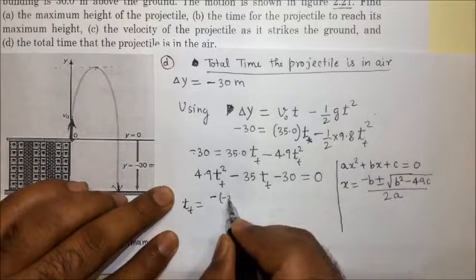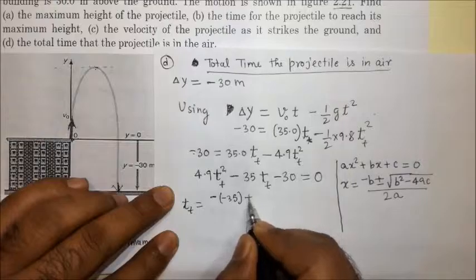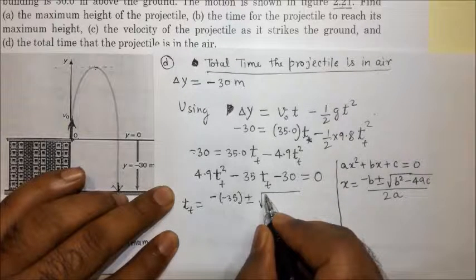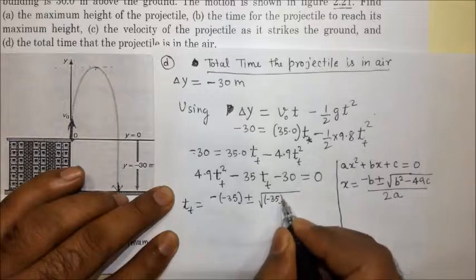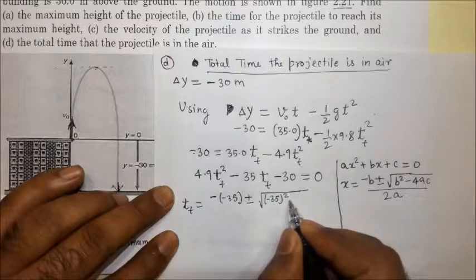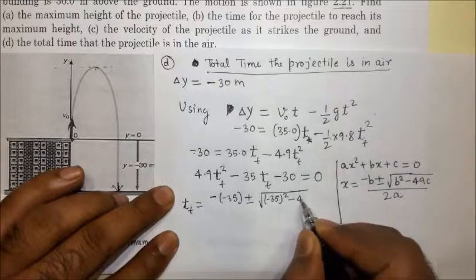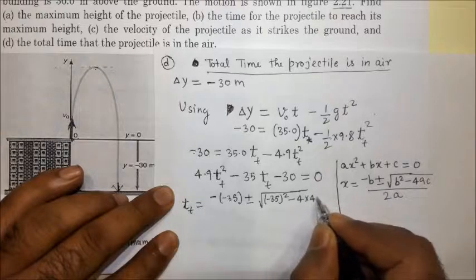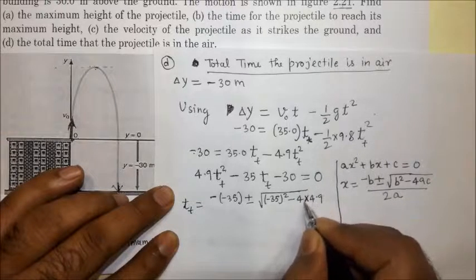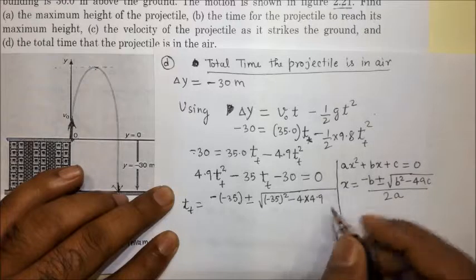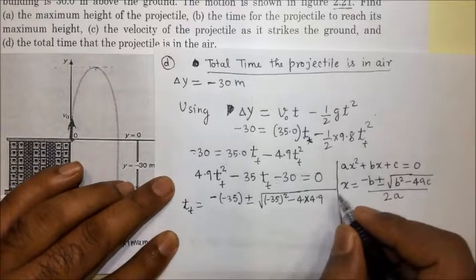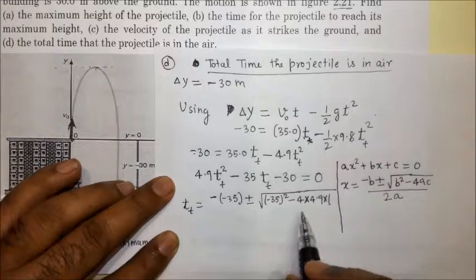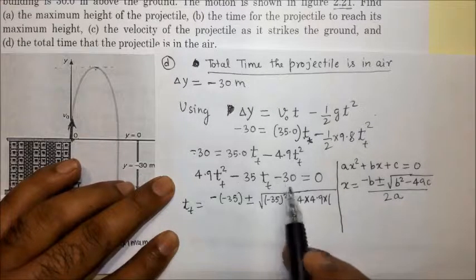Minus 35, plus minus square root of b square, b is minus 35 square, minus 4 times a, a is 4.9, 4 times 4.9 times c, 4ac, so c is how much?